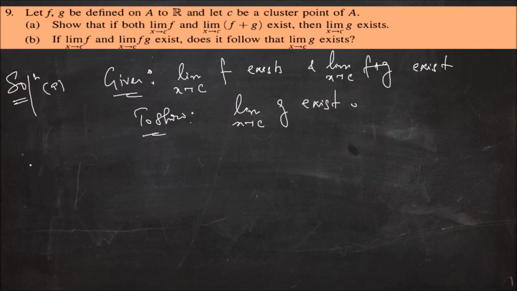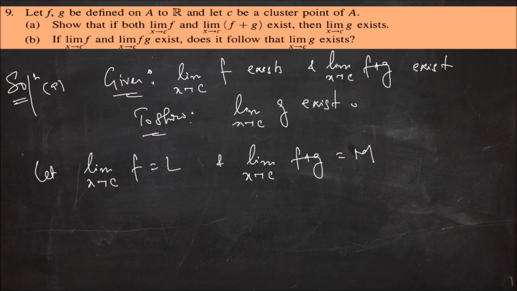Since both limits exist, let the limit as x tends to c of f be equal to L and the limit as x tends to c of f plus g be equal to m. Claim: we will show that the limit as x tends to c of g is equal to m minus L. So this is what we are going to show.